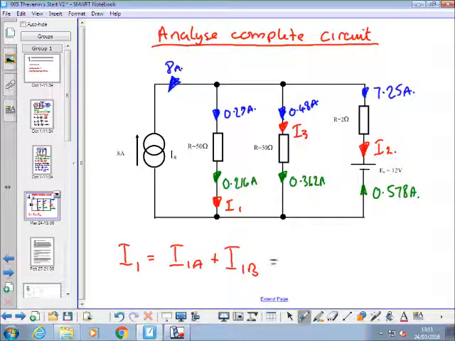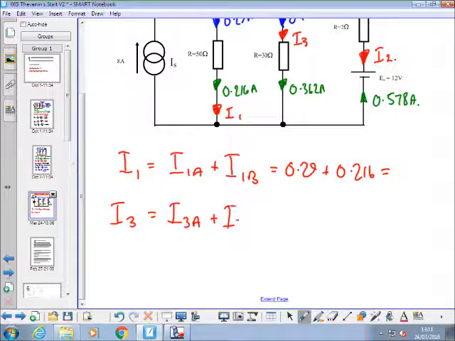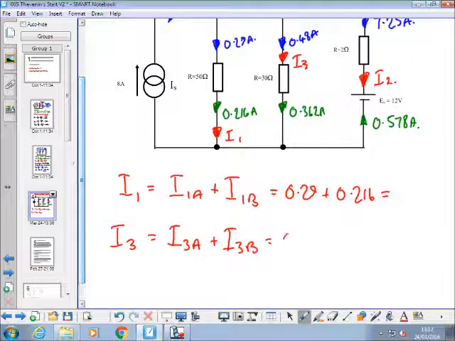We find them by saying that I1 is equal to I1A plus I1B. That is 0.29 plus 0.216 equals. I3 is I3A plus I3B, which is 0.48 plus 0.362, sorry, equals.